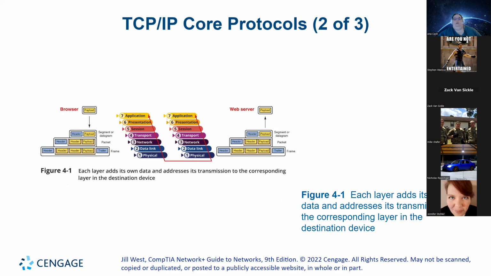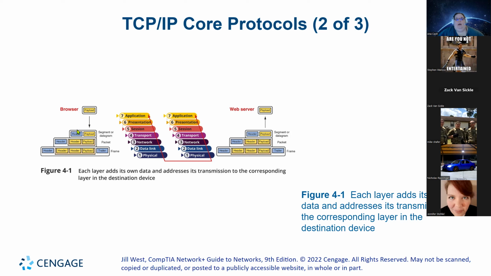Okay, so again, I would go in and hit your PowerPoints to steal some of these graphics because they have some really good ones on the TCP/IP protocols here. So here's your browser. It's dropping a payload, adds a header, and it shows how everything connects that I was just talking about.